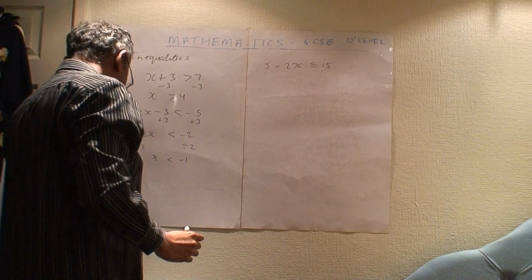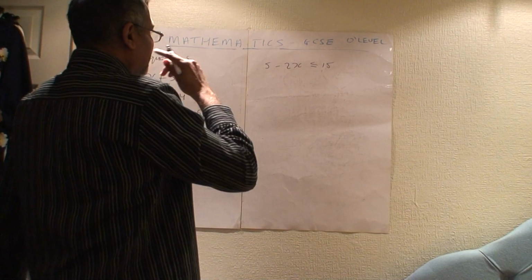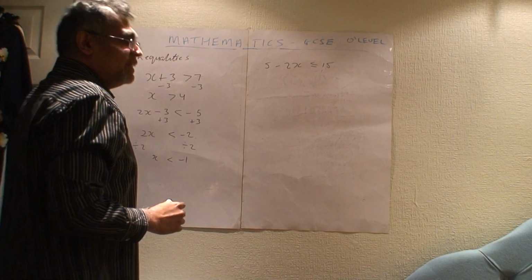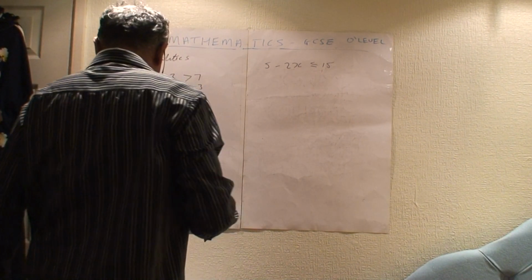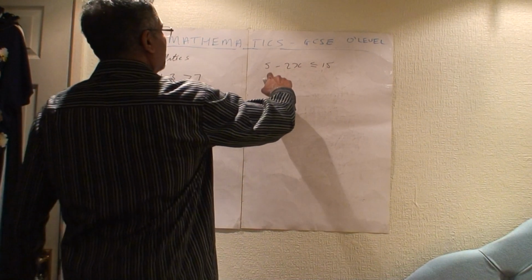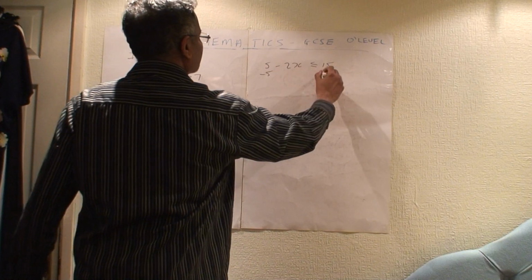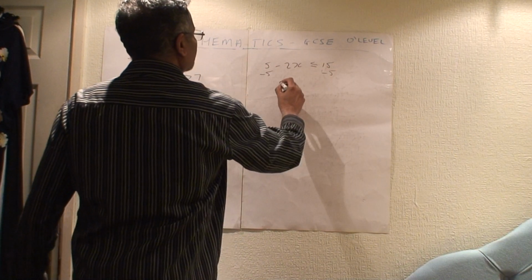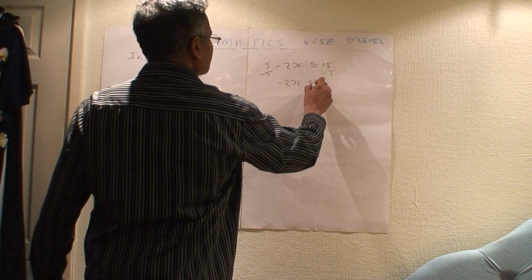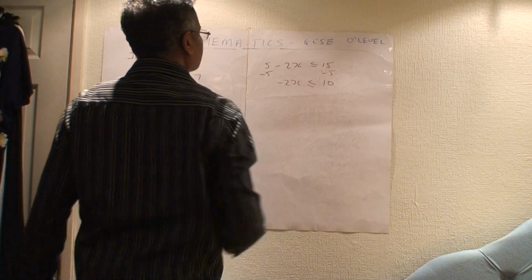Okay, 5 minus 2x is less than or equal to 15. So we could start by minusing the 5 on both sides. Okay, so we're left with minus 2x less than or equal to 10.